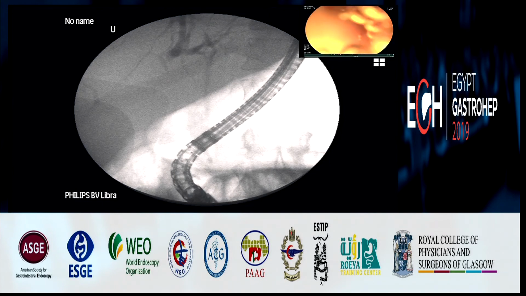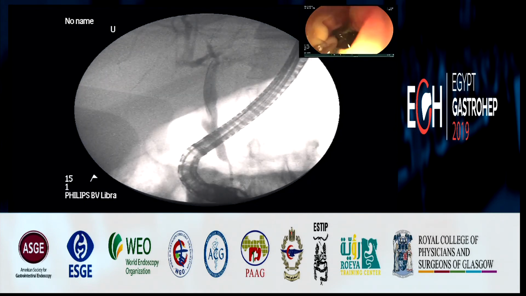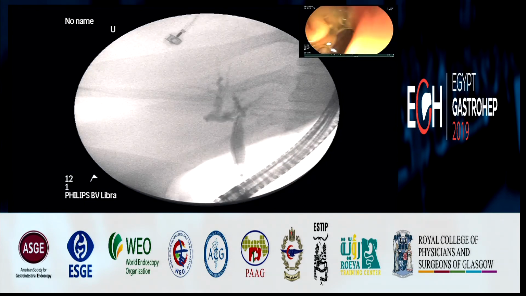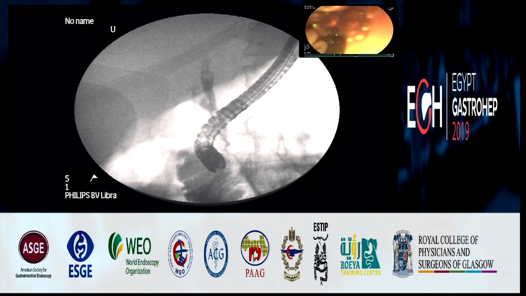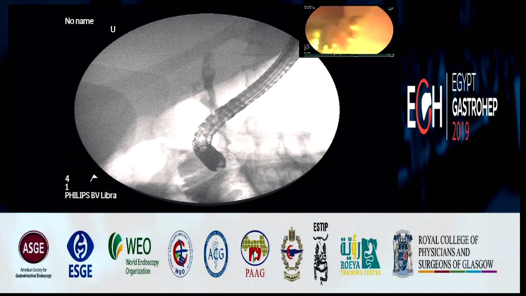There is contrast hold in the right hepatic duct, and the guide wire during the procedure didn't pass through the common hepatic duct at all. No, but we didn't see any stricture when we saw the morphology. There is always a kink during passing the wire through the common hepatic duct.